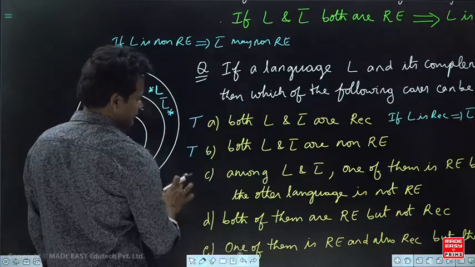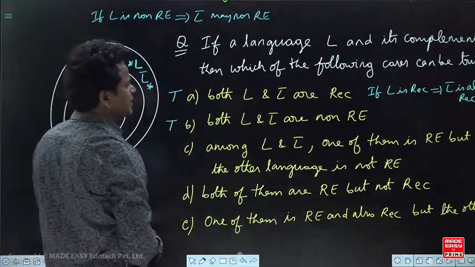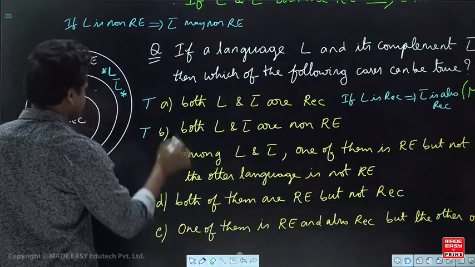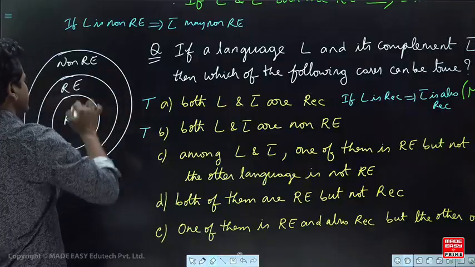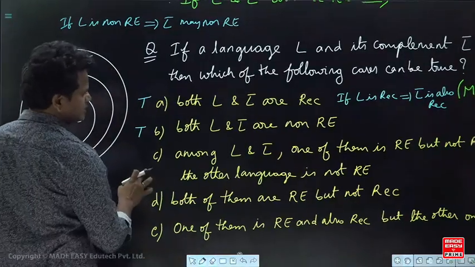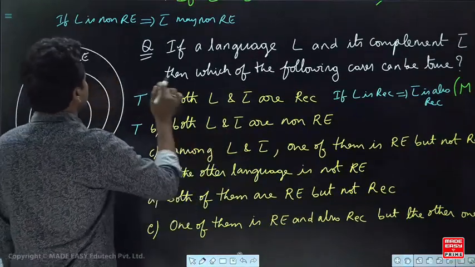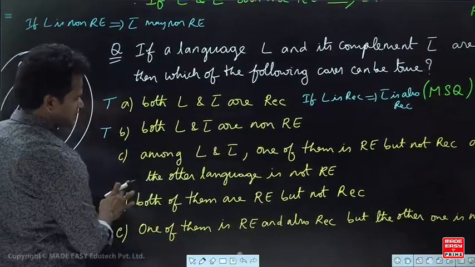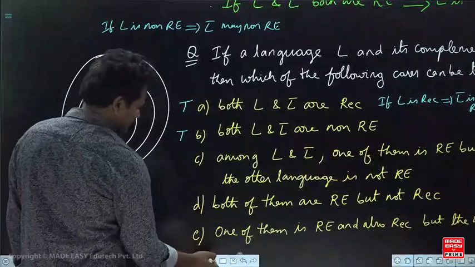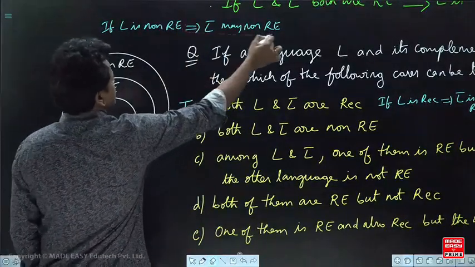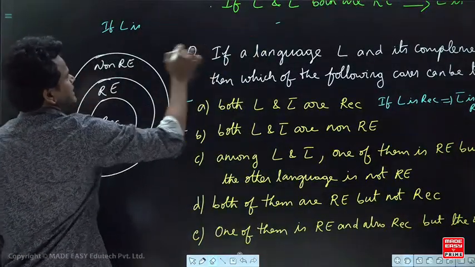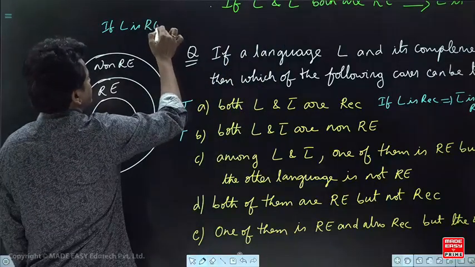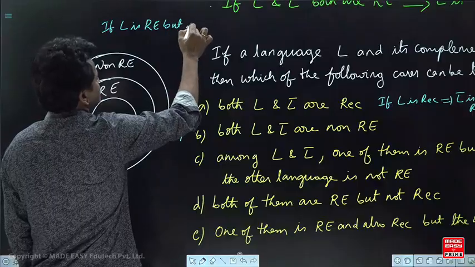Now, among L and L bar, one of them is RE but not REC. So in option C, among L and L bar, one of them is RE but not REC, and the other language is not RE. Guys, listen. Here it is given that L is RE but not REC.